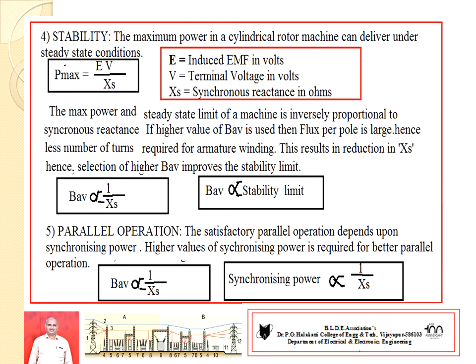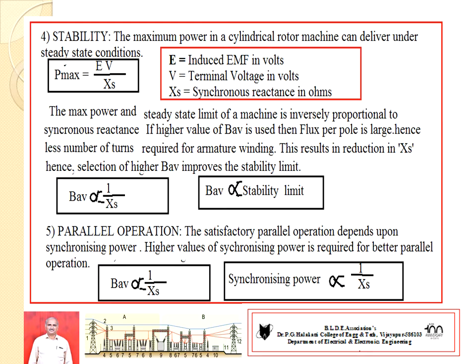That means if we use a higher value of B average, more flux per pole is developed. Hence, a smaller number of turns is required for the armature winding. This results in a lower value of Xs. Hence, a higher value of B average is our choice to keep the synchronous reactance low. If Xs is low, B average is high.